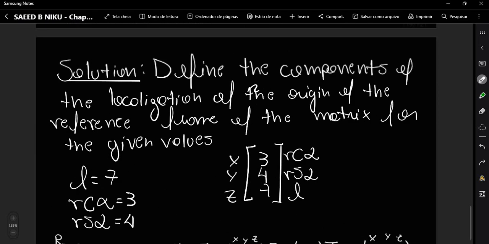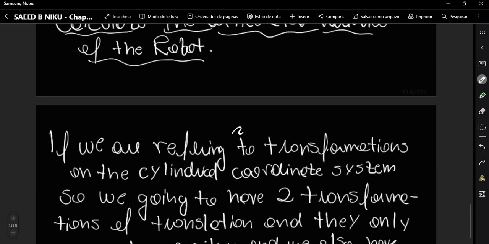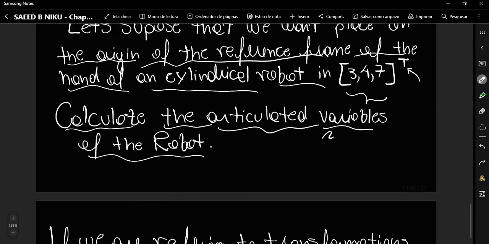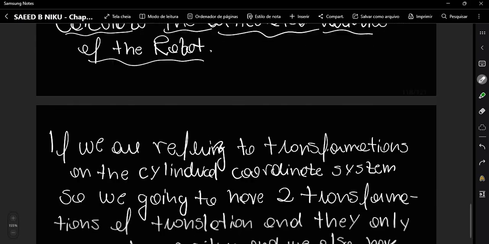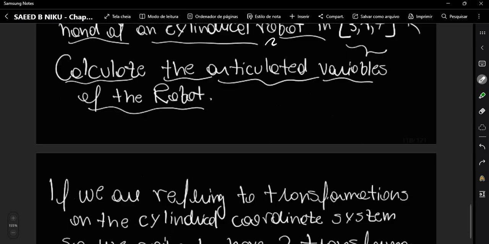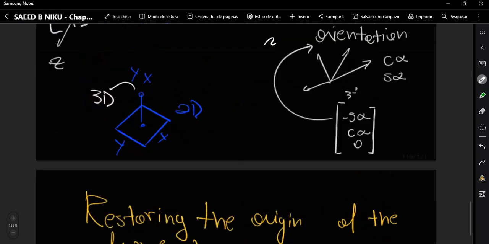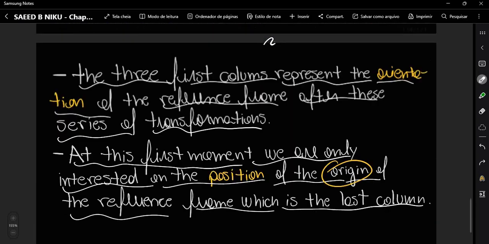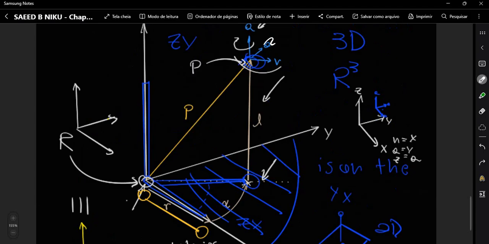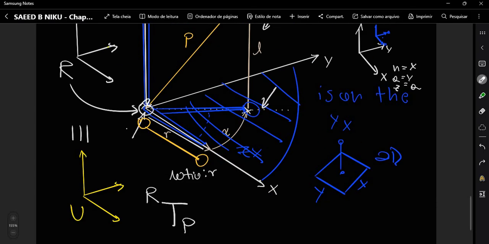But what we wanted to know is the variables of this robot, the articulated variables. So for this example, what is the articulated variable right here?